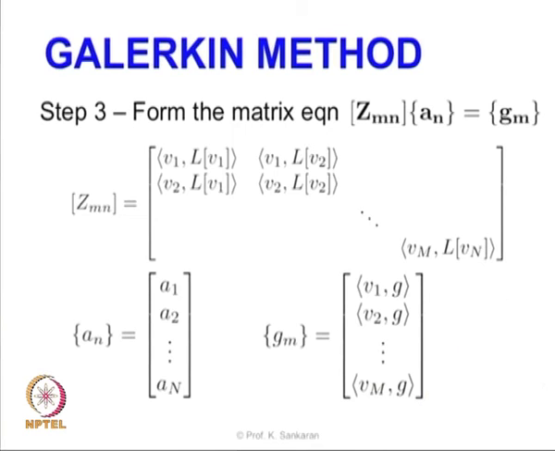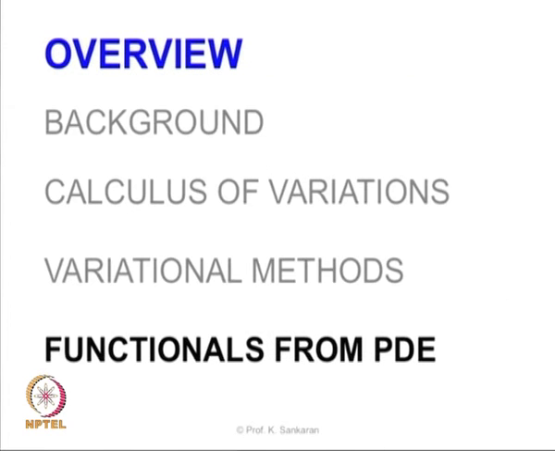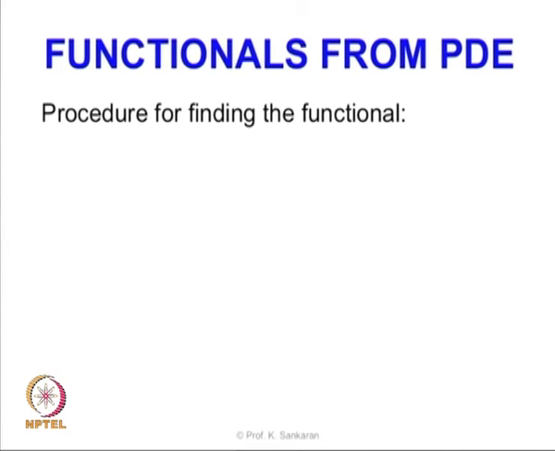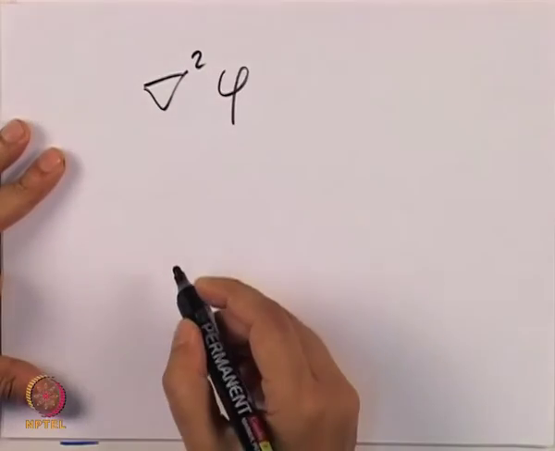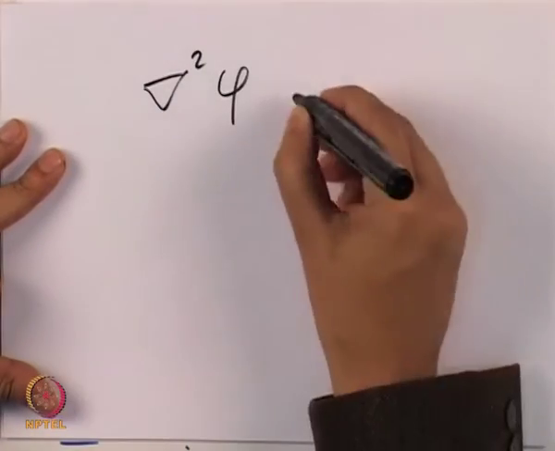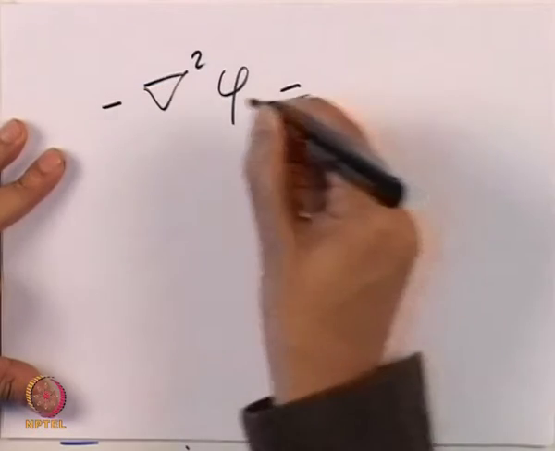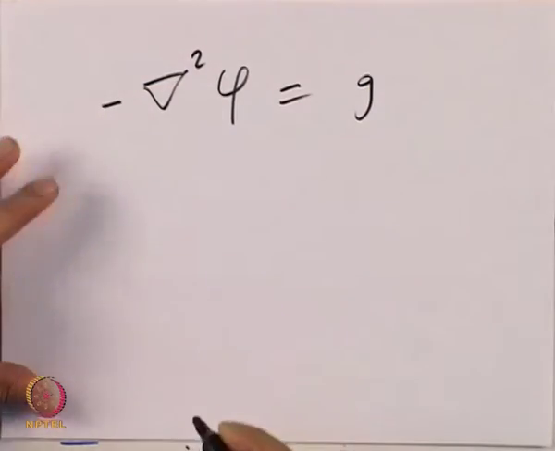So with that being said, let's look into a simple example where we start with the functional from a PDE. Let's assume we have been given a particular PDE, let's say a Poisson equation, where we have the Laplacian on the potential, and I will take the minus of the Laplacian equal to some forcing function g.